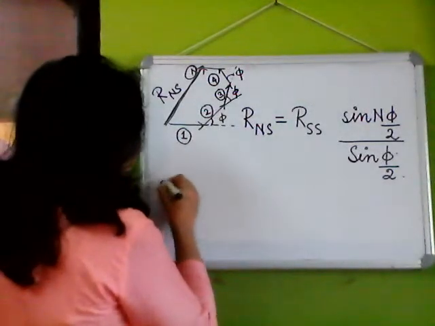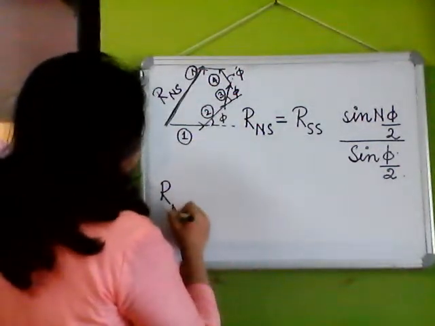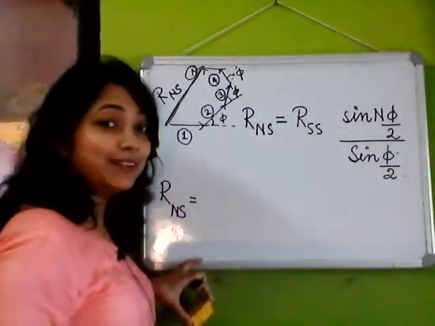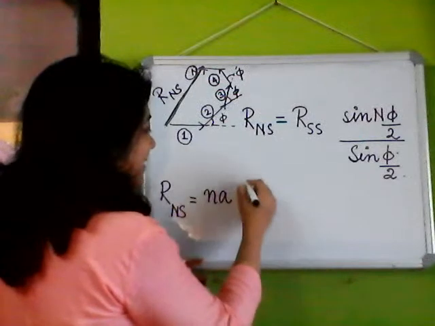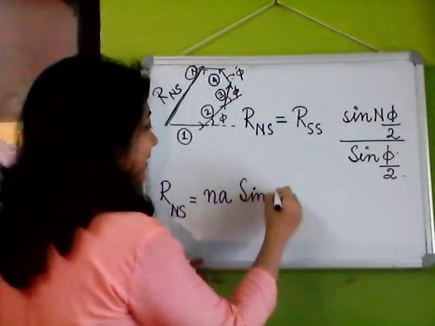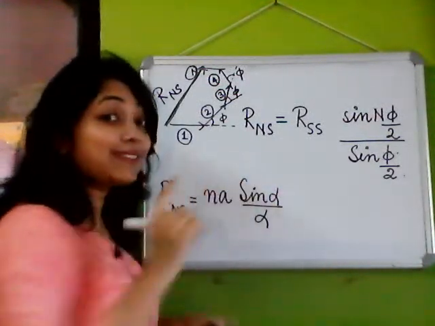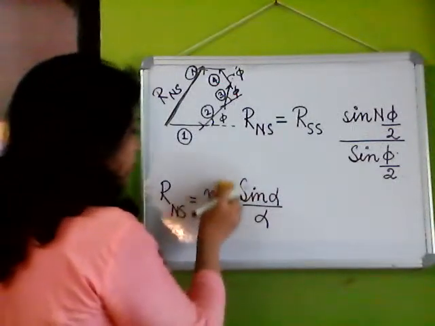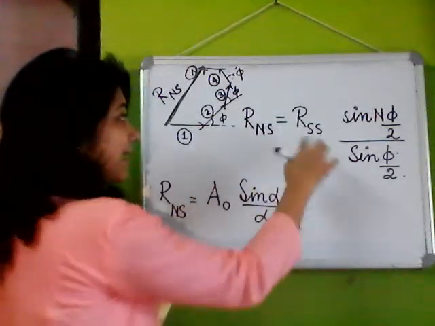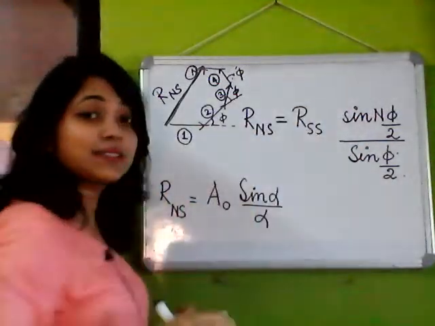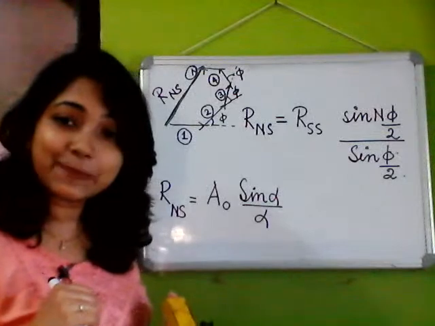So reminding all of you, how much was this single slit amplitude? It was n into A sine alpha by alpha for a single slit. And in case I don't want to write this, I may write it as amplitude A0 sine alpha by alpha. This is the resultant due to single slit.